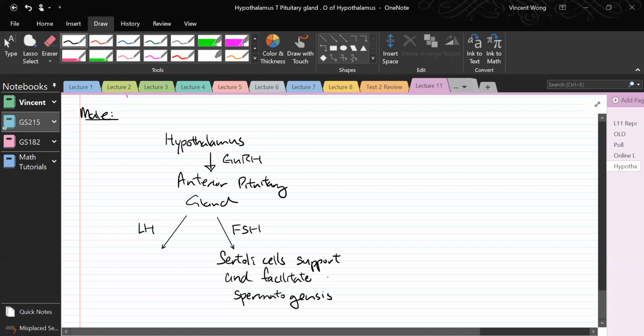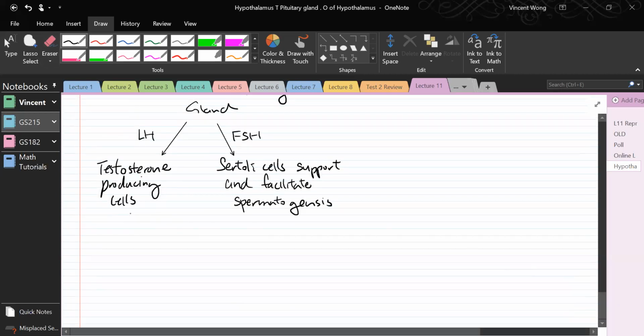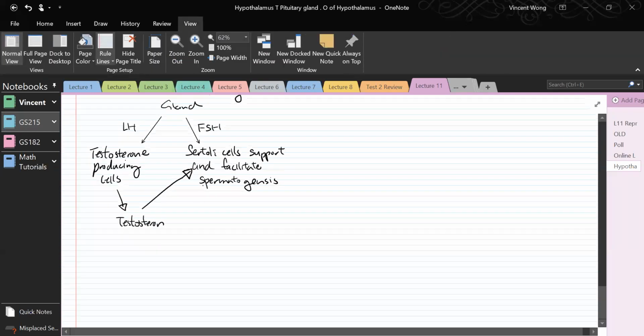LH, on the other hand, will stimulate the testosterone producing cells to produce testosterone, which will go and further encourage these Sertoli cells.